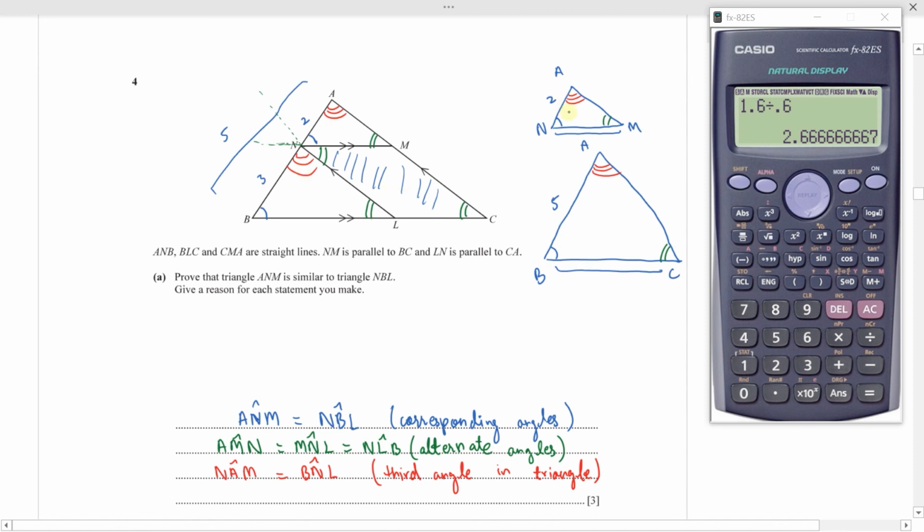So I have to basically find the ratio of the area of this small triangle with the area of this parallelogram. We have already shown that these two triangles, this small one and this big one, are similar. So I can take the ratio of their areas, and then from the large one I can subtract this small one and this NBL to get the remaining, which is the parallelogram.